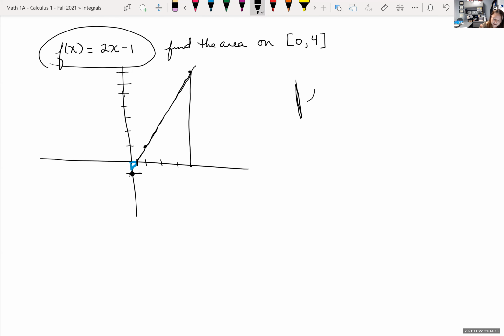So that would be the limit as n goes to infinity of the summation from k equals 1 to 1/2. Sorry, 0.